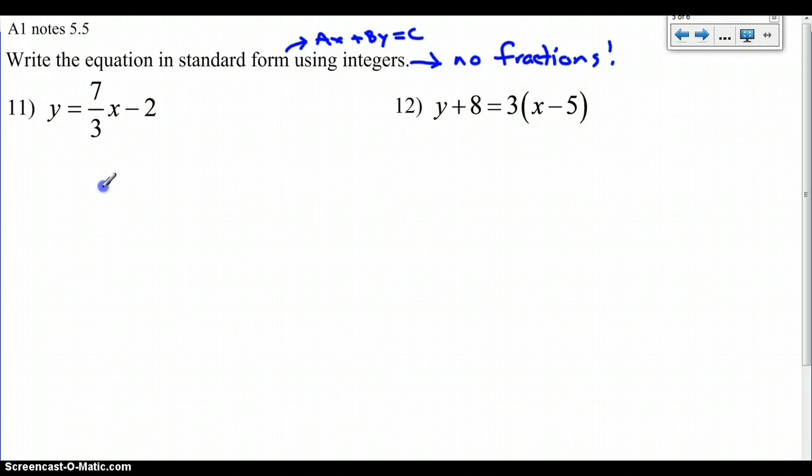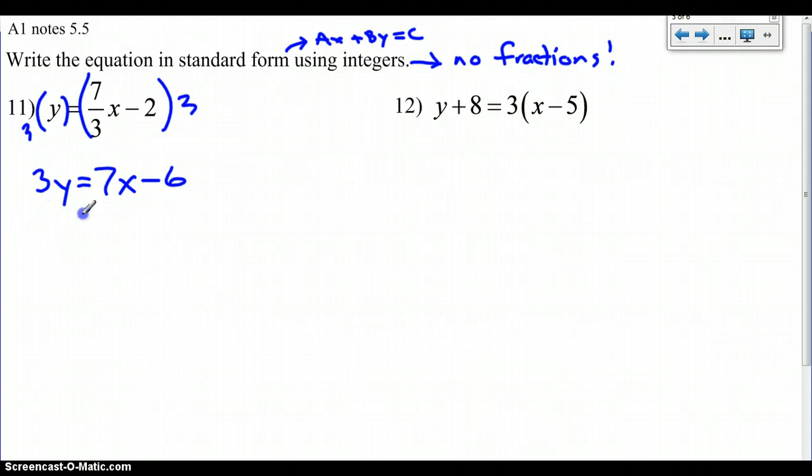I look at number 11, and the first thing I notice is I have 7/3. We don't like 7/3 because it's not an integer, so I'm going to multiply both sides of the equation by 3. So 3y equals 7x minus 6. The next thing I'm going to do is subtract 7x from both sides, and now I'll have negative 7x plus 3y equals negative 6.